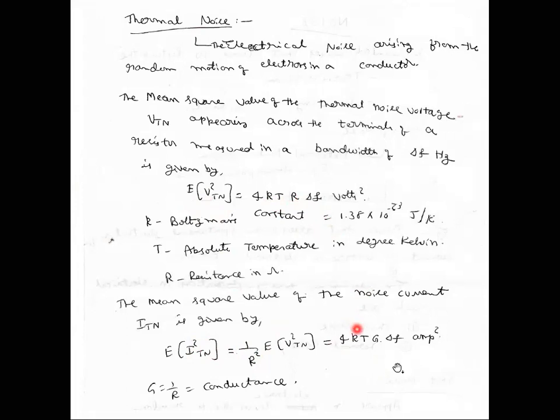So R and R will get cancelled. We'll be left with one more R in the denominator, that is G is equal to 1 over R, which is conductance. So finally, expectation of ITN square, that is the mean square value of the noise current, is given by 4 kT, instead of R, now we have G, delta F, unit is amp square.